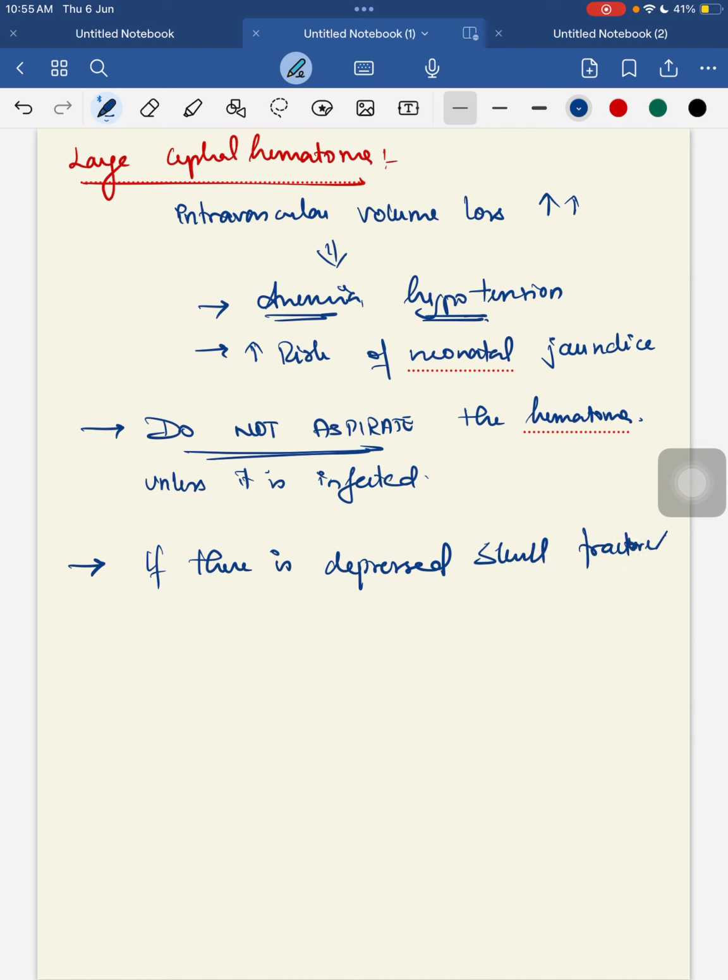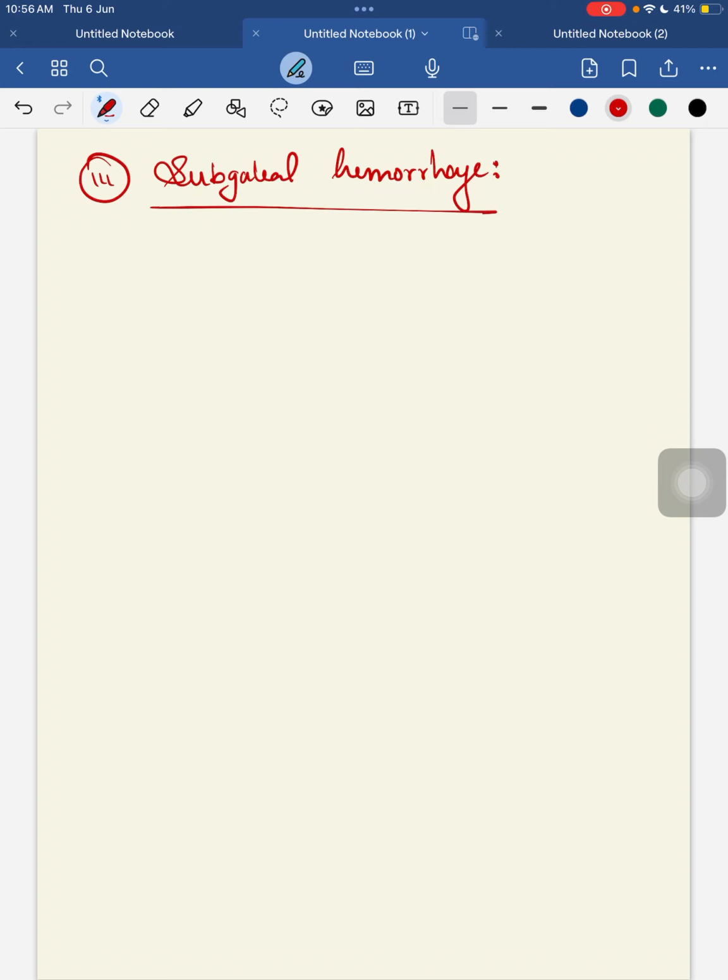Why? Because this aponeurotic layer in which the blood gets accumulated is a very large area, starting off with the orbital ridge in the front, going back to the earlobes at the side, and thirdly, in the back there will be an occipital ridge.